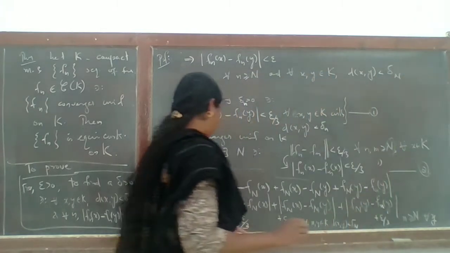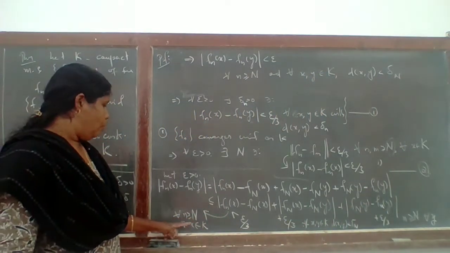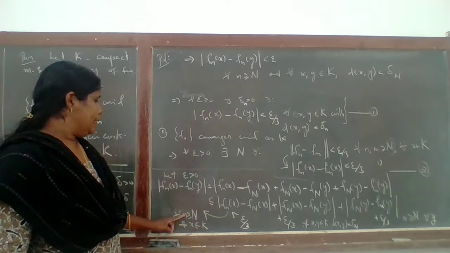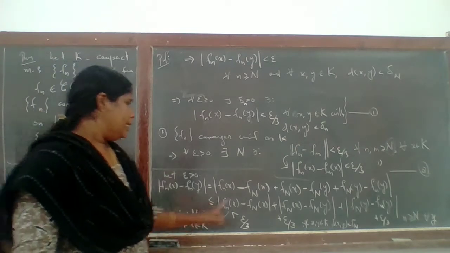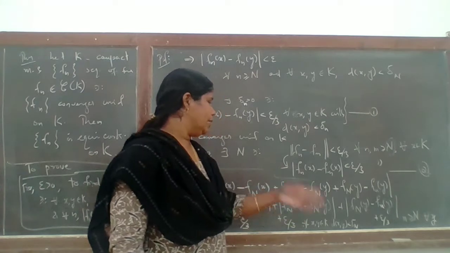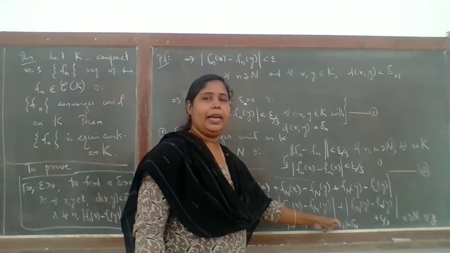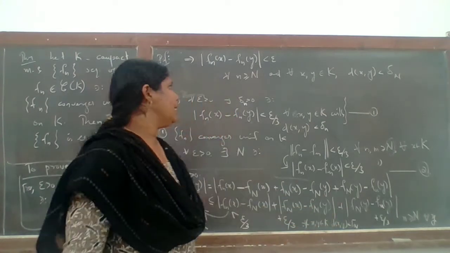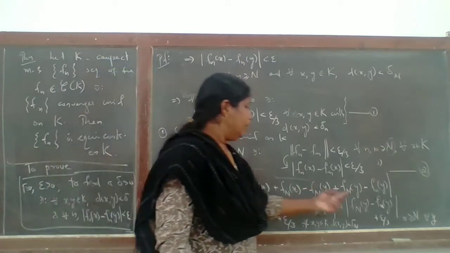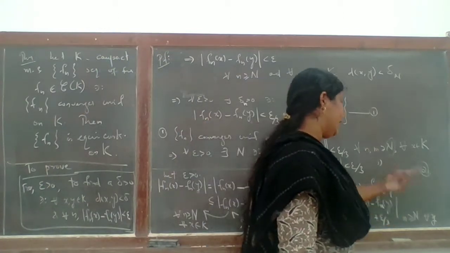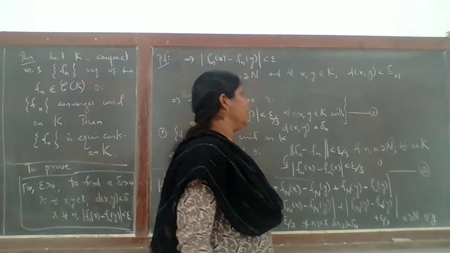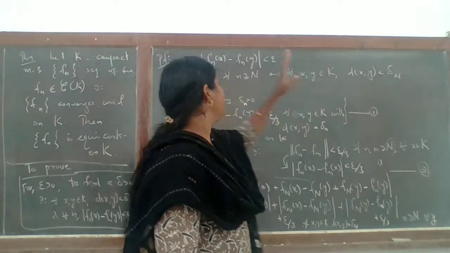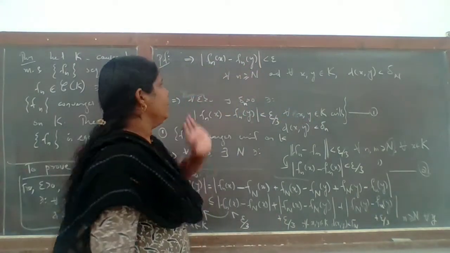Okay, so this is true. The first one is true for all x in K; the only restriction is n should be greater than or equal to N. The second one is true for all x, y in K with the distance less than delta_N. And the third one is again true for all n greater than or equal to N, for all x.